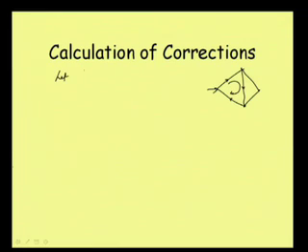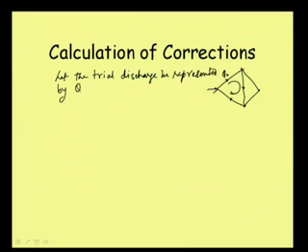Let the trial discharge be represented by Q0. So, in the first trial we are considering the discharge as Q0; here it will again be Q0, I mean a different value of Q0 can be tried.